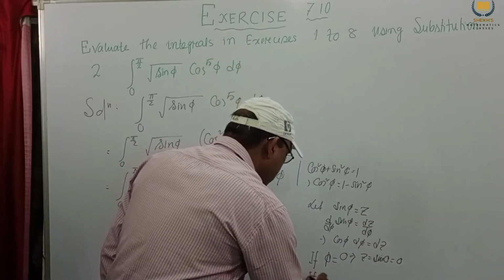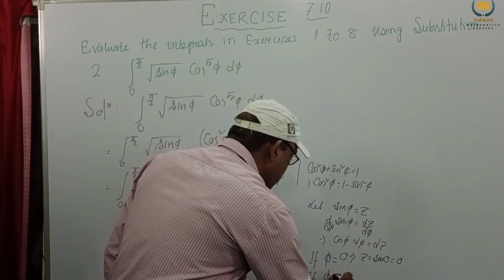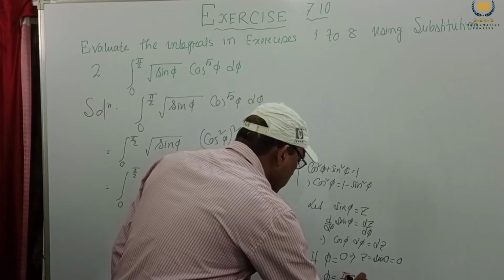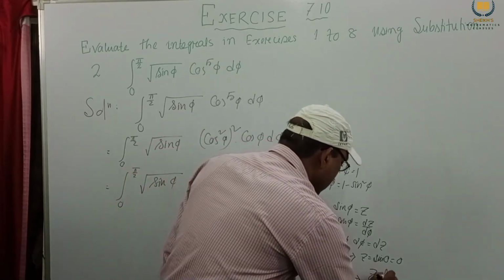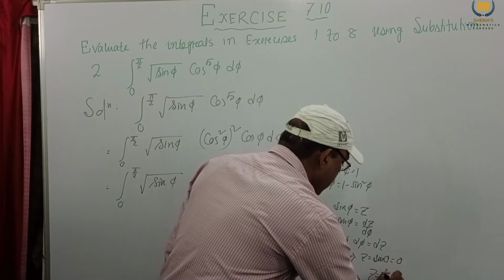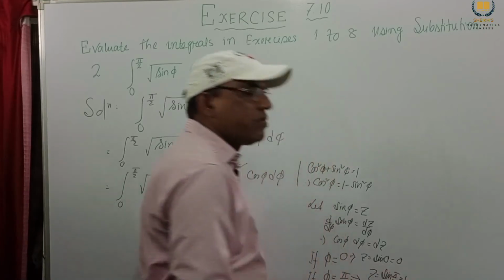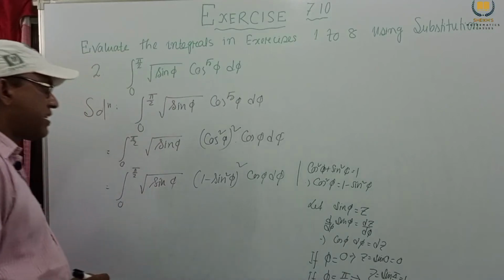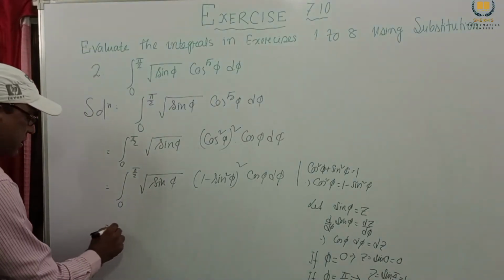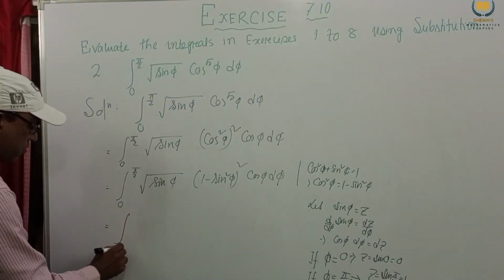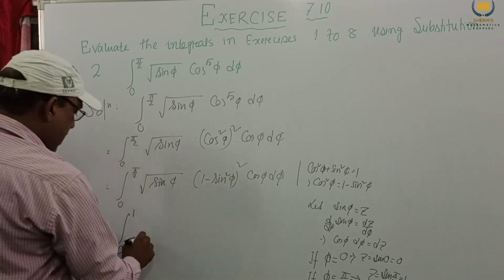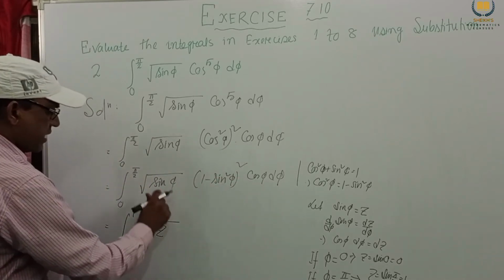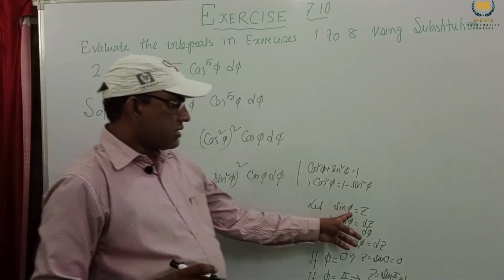If phi equal to pi by 2, then z equals sine of pi by 2, and sine pi by 2 means 1. So we interchange our limits also. This is 0 to 1. For 0 we get 0, for pi by 2 we get 1. And this one is root z, since sin phi we consider z.